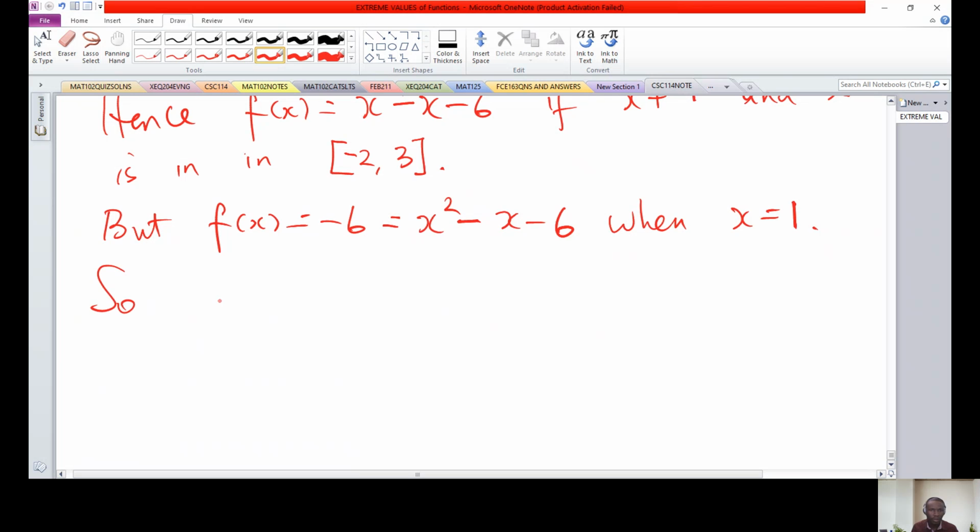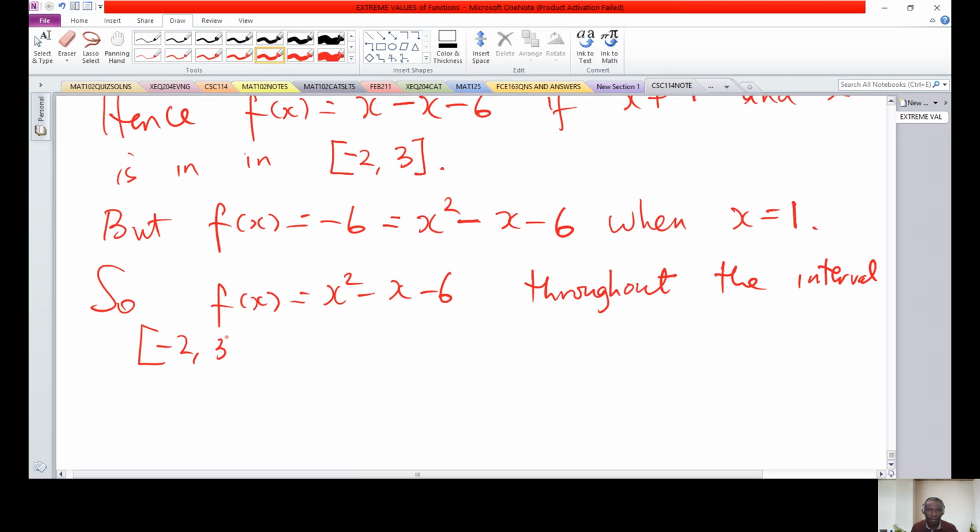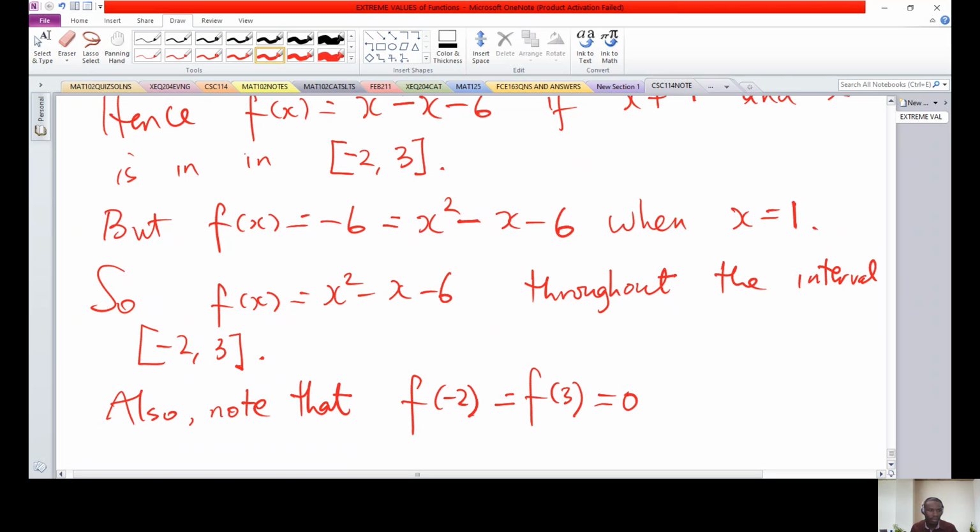So f of x equals x squared minus x minus 6 throughout the interval from -2 to 3. Also, note that f of -2 is the same as f of 3, which is the same as 0. So hence, Rolle's theorem applies.